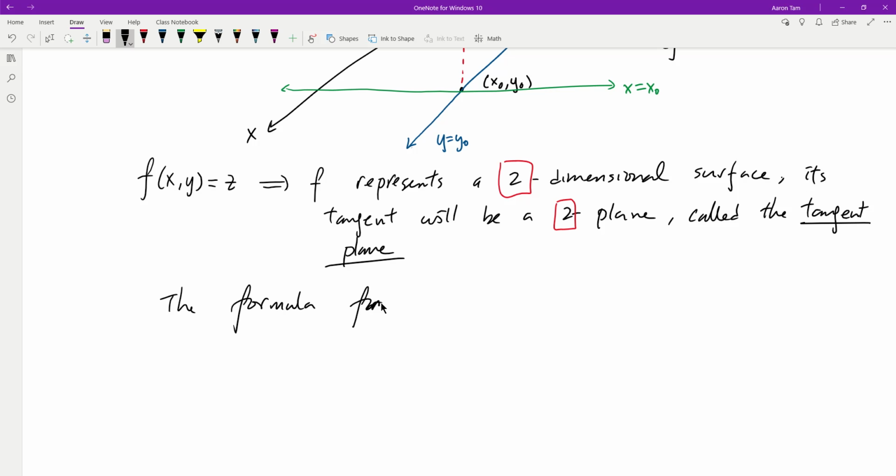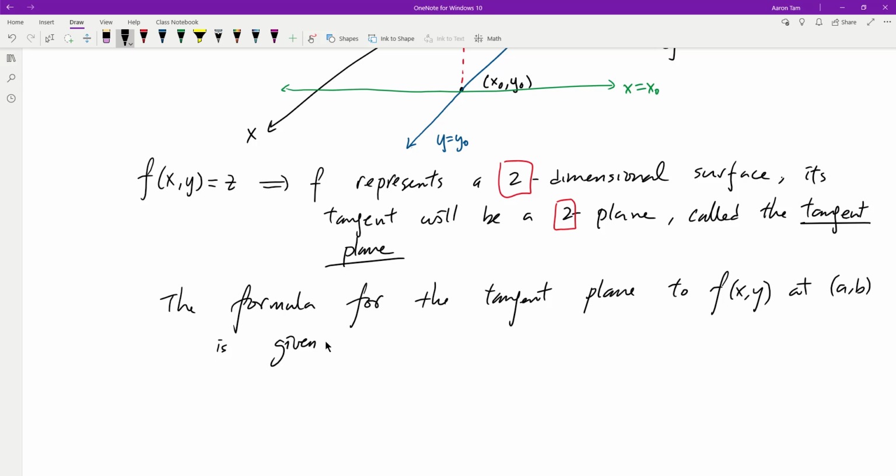Well, of course, there's a formula for that. Here's the formula for the tangent plane to f of xy at a specific point, let's say AB.